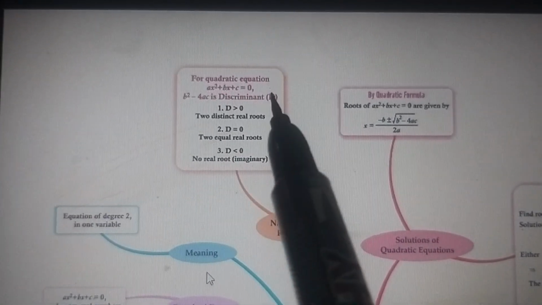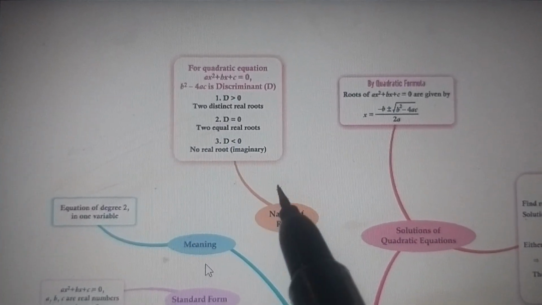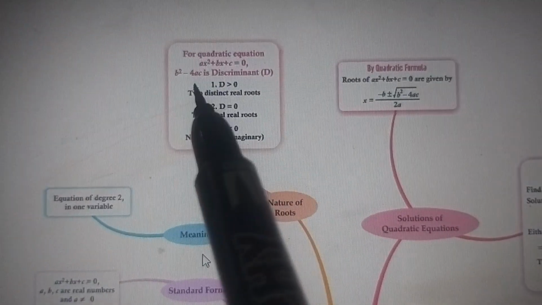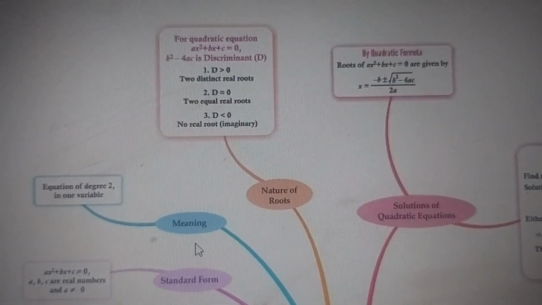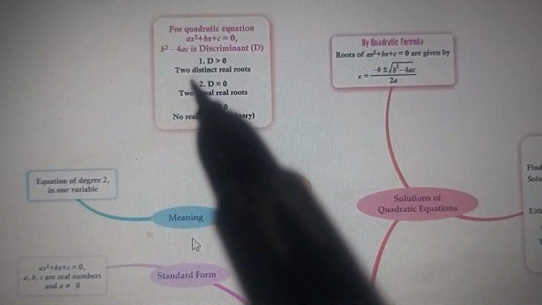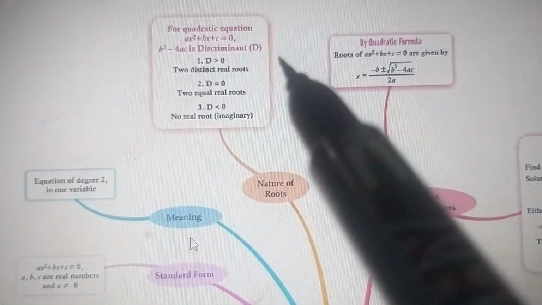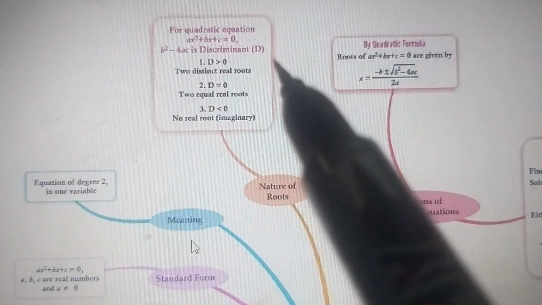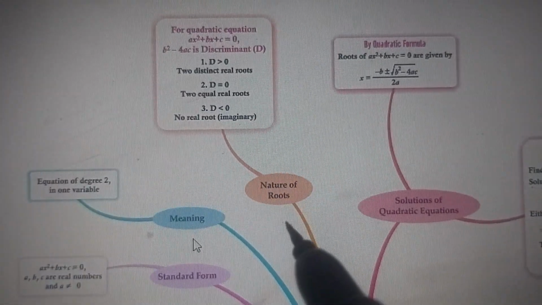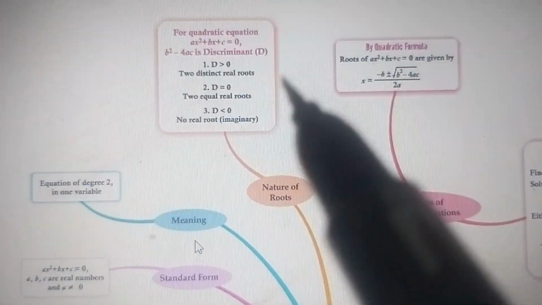Okay, nature of roots. For a quadratic equation, we have to find the nature of roots if given. We have to find the discriminant D, b square minus 4ac. We get the values from the given equation and substitute in b square minus 4ac. If you have obtained the discriminant, that is D greater than 0, then we have to write two distinct real roots as the nature of the roots if asked in the question paper.